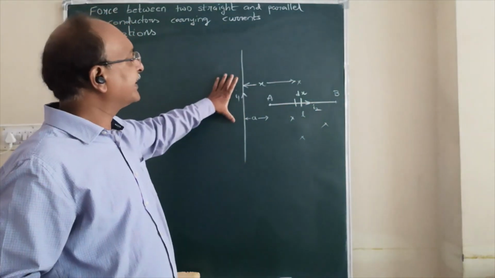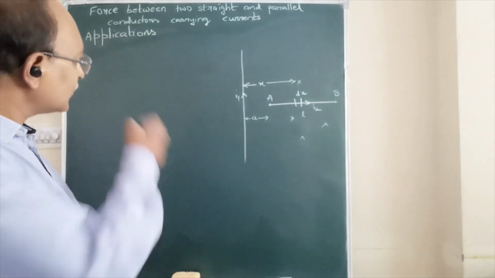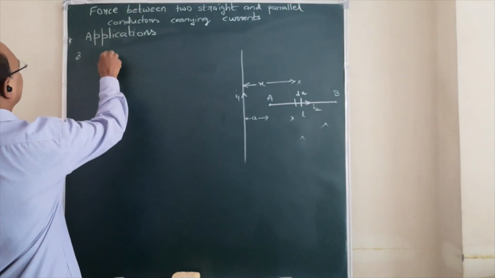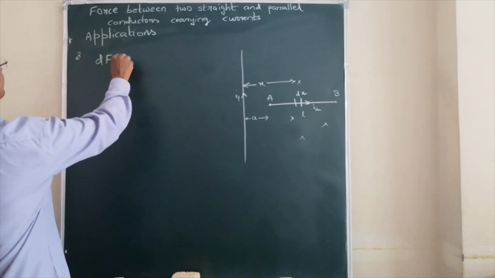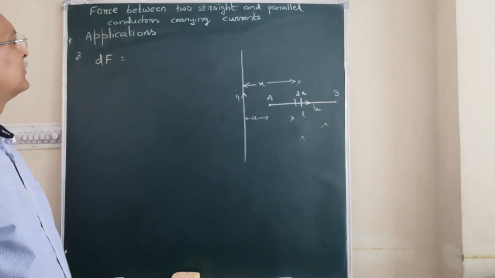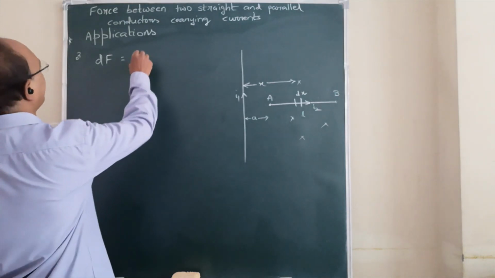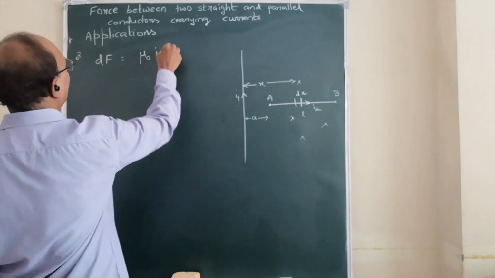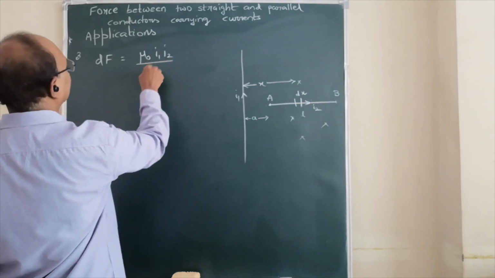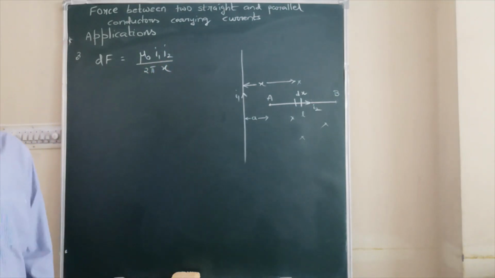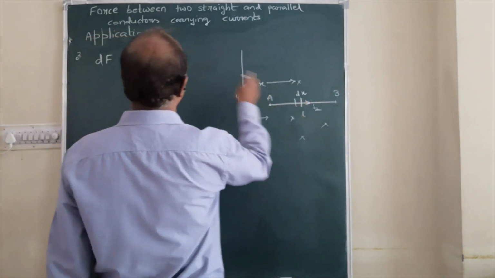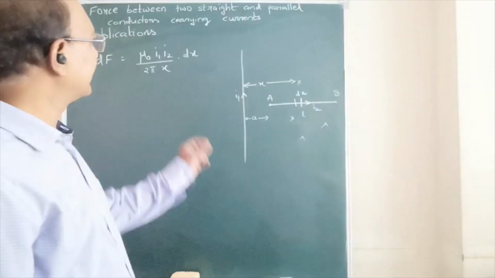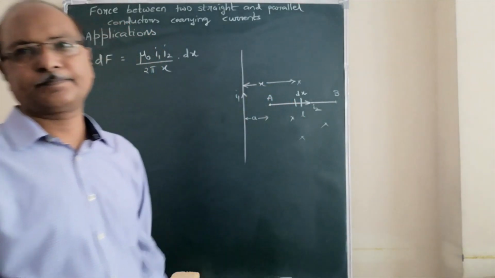So dF is mu naught I1 I2 by 2 pi x, into the length of the element dx. That is the force between the conductor and the element.